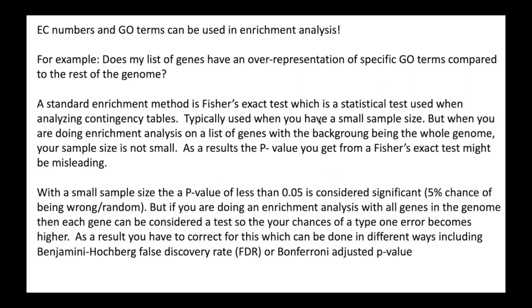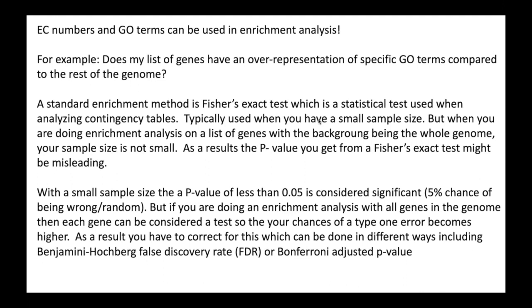So both EC numbers and GO terms, or any way you can describe functions of genes, can be used in enrichment analysis. And this is really useful if you have a list of genes that came out from, let's say, your proteomics experiment or an RNA-seq experiment or a microarray experiment, and you have, let's say, a list of 200 or 300 genes that are the most interesting by whatever criteria, and you're wondering, well, is there anything interesting here?